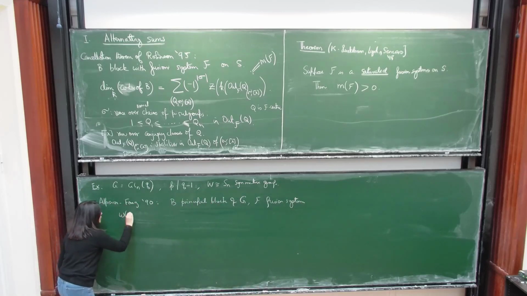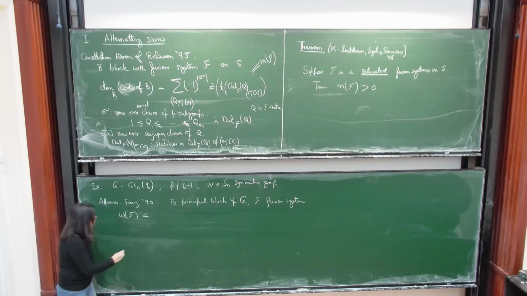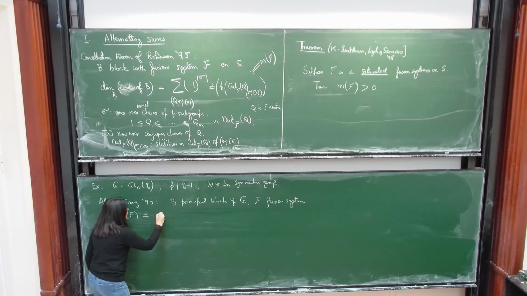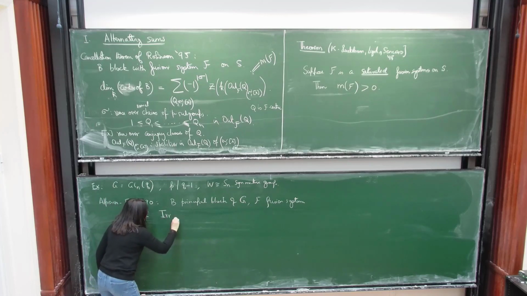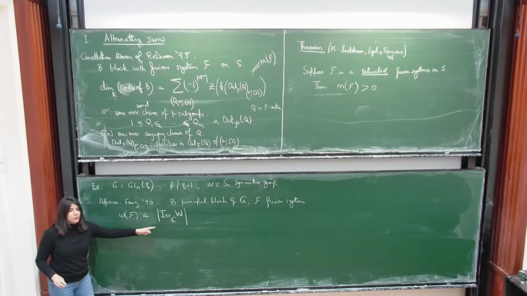They show that the number of weights of F equals the number of ordinary irreducible complex valued characters of the Weil group.